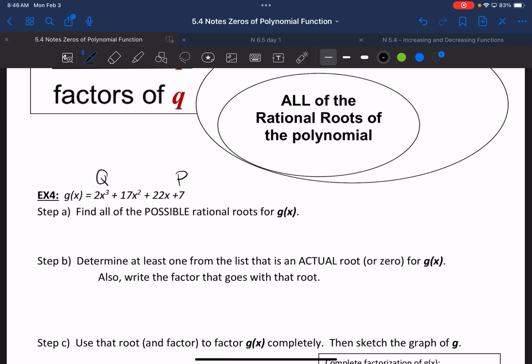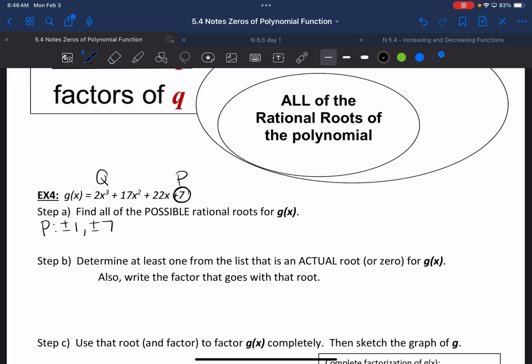So remember, we're going to put P in the numerator of the fraction. So I'll write those first. Okay, so P, I'm looking at this value of 7 right here. Well, what are the only things that multiply to give me 7? 7. Right. And it could be a positive 1 times a positive 7 or a negative 1 times a negative 7, right? Okay, so the only factors here are positive and negative 1 and positive and negative 7, right?